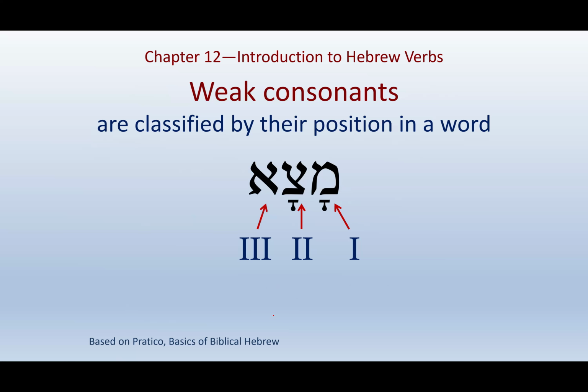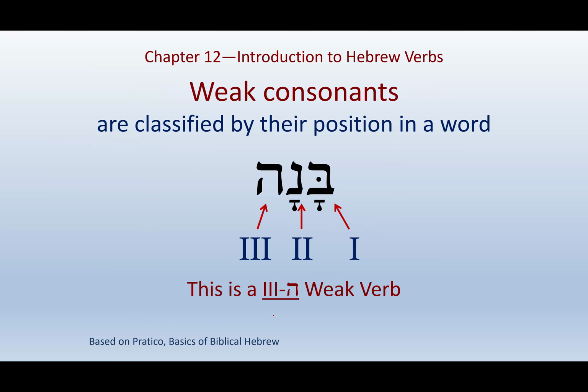Then matsa, the mem is fine, the tsade is fine, but this is a three aleph weak verb. Bana, the only one that's not a strong letter is the hey. That's a guttural, but we call this a three hey weak verb.